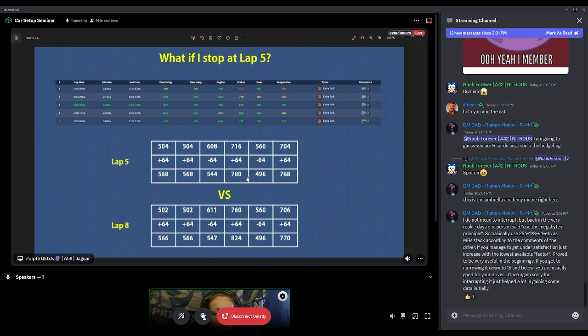The only one that is a bit off is the brakes. In the case of the brakes, we're still a bit off. But for the rest, we're pretty close.